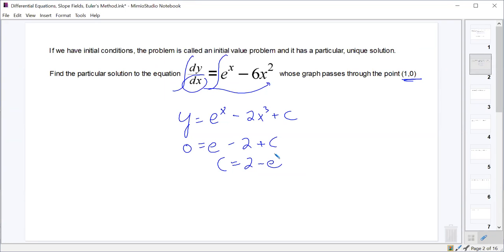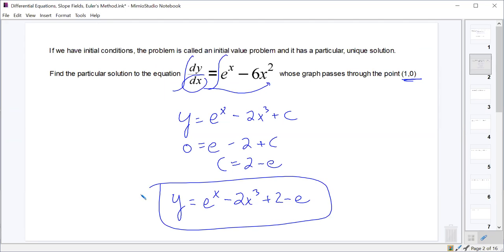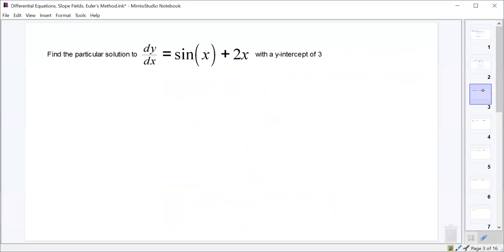Good or no? Any issues there? Easy enough? Should be pretty straightforward. All right, what about this one?